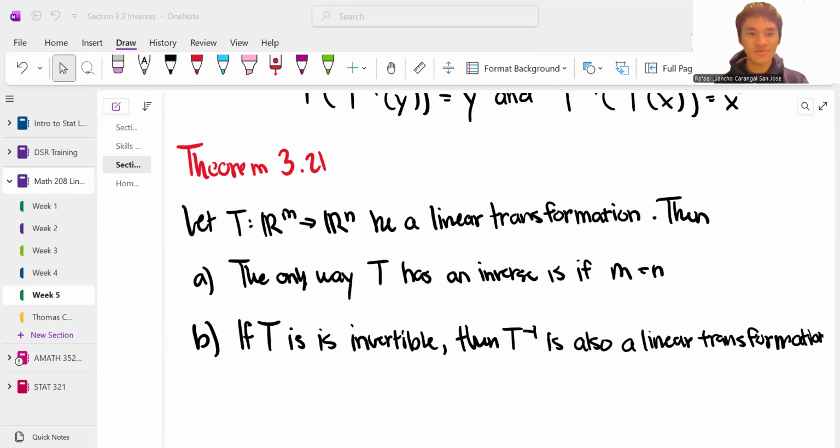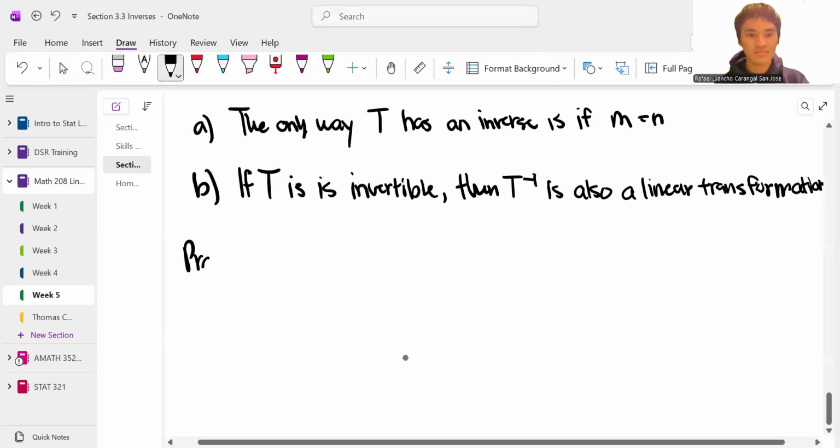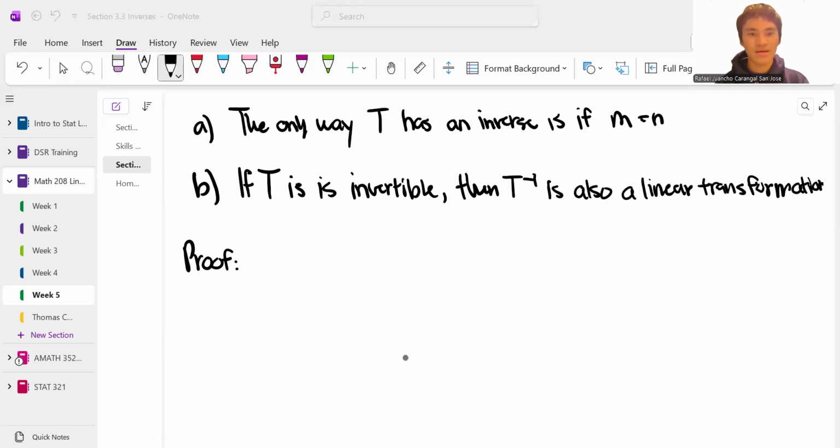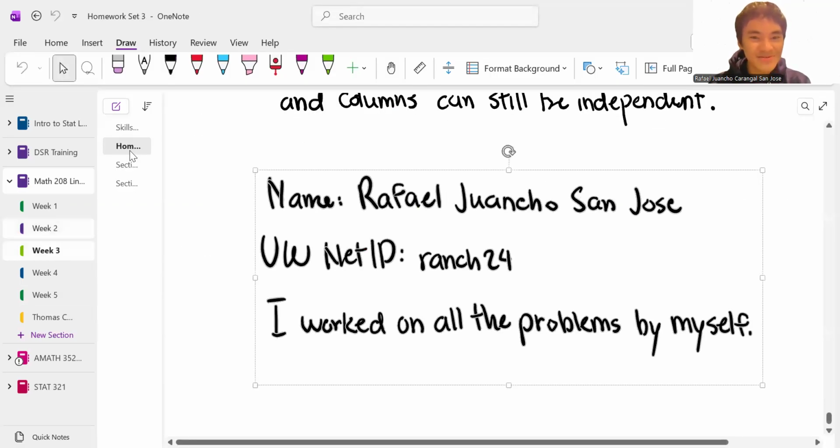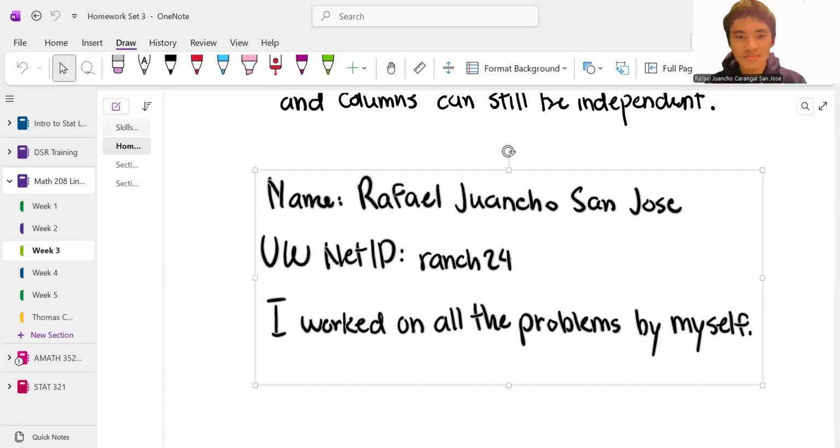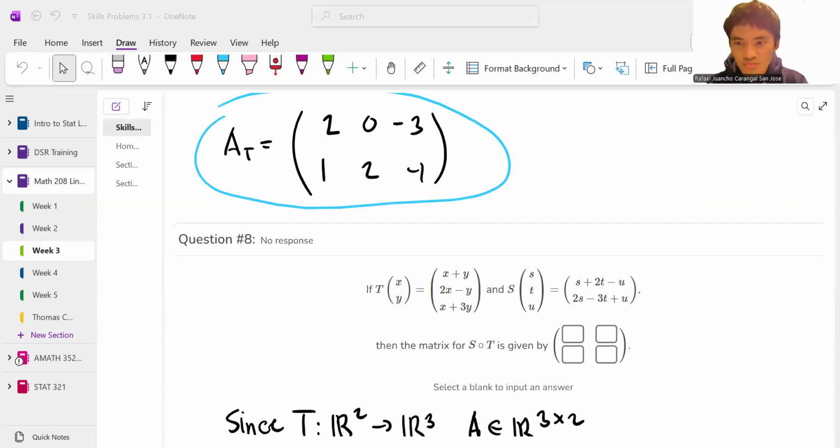So there was this proof in Theorem 3.6 in Section 3.1. I wonder where that is. Also, my face looks yellow for some reason because of the lighting.